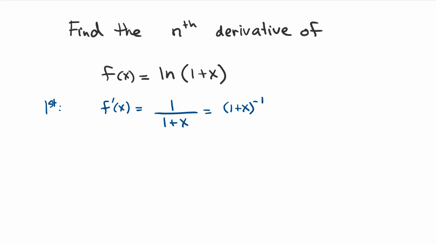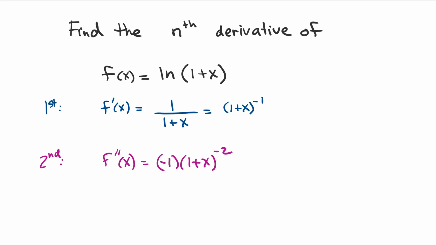Now let's go to our second derivative, f double prime of x. And this one's going to be, let's work off of this. This negative 1 is going to fall to the front. And it's going to change to negative 1. And let's write in the negative 1 times 1 plus x raised to the power if we subtract 1 from negative 1, and that becomes negative 2.